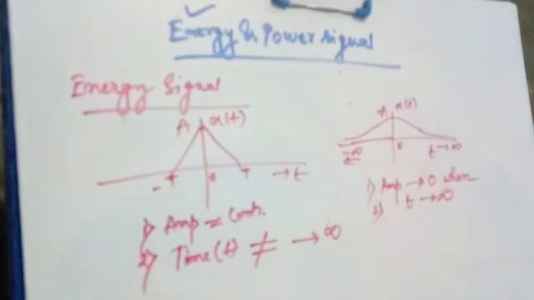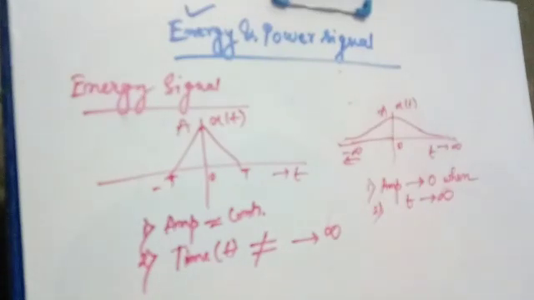In our last class we discussed what a periodic signal is and what a non-periodic signal is. For a non-periodic signal, you can recall that the signal is not periodic. That means it has a particular time duration. It exists for a particular time duration and then it is off.